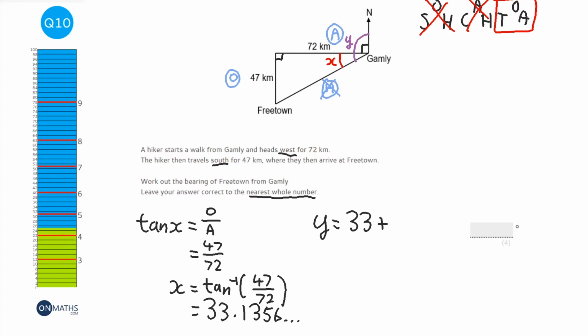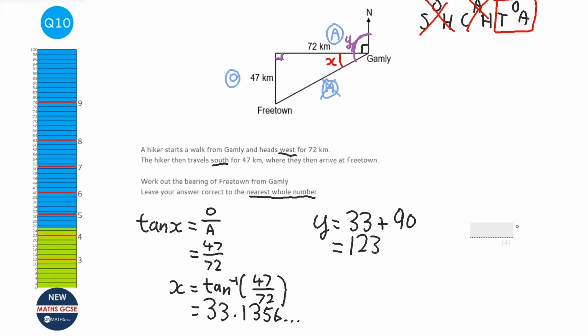So I know that both the angle here and the angle here are going to be right angles, because the angle between all four directions, north, east, south and west, is a right angle. So I'm going to add 90. You can do this on the calculator, or you can do it in your head. I'm going to do it on the calculator.